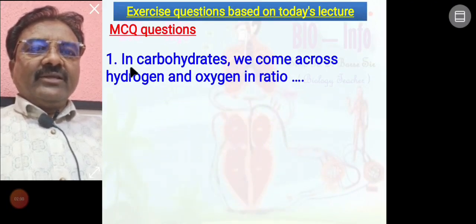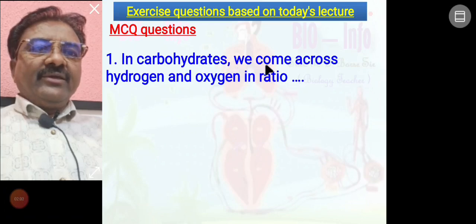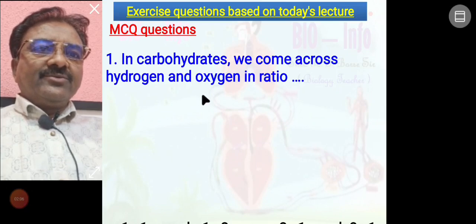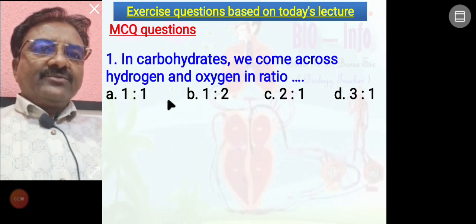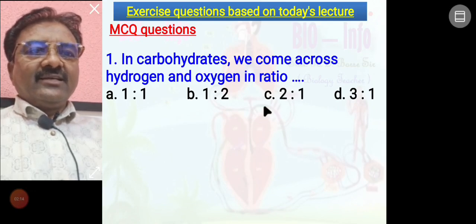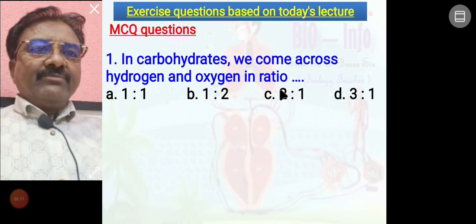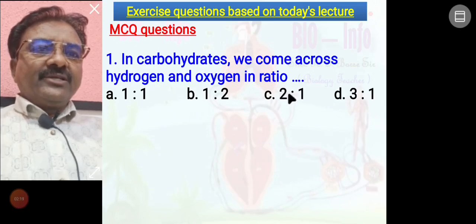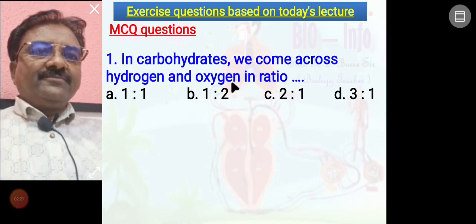Number 1, in carbohydrate we come across hydrogen and oxygen in the ratio: 1:1, 1:2, 2:1, 3:1. Yes, the correct answer is C, 2:1, meaning 2 hydrogen and 1 oxygen.